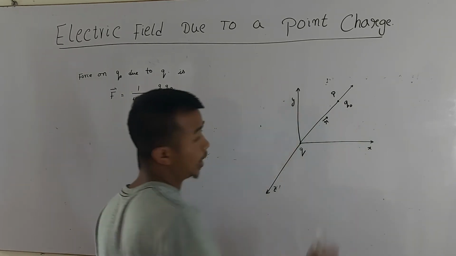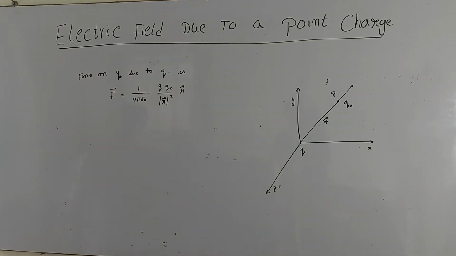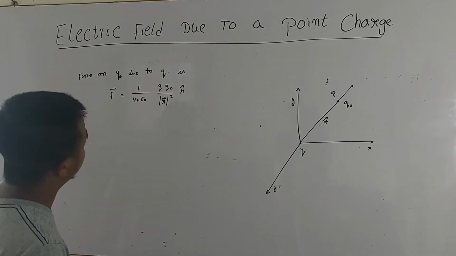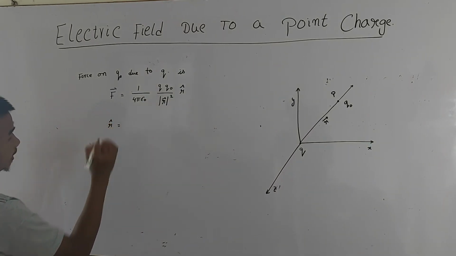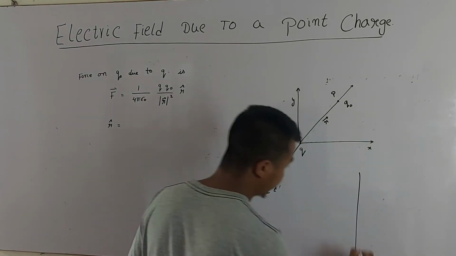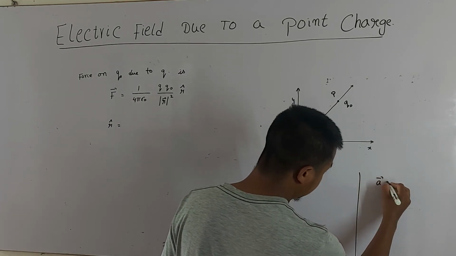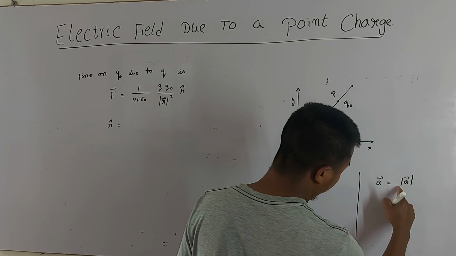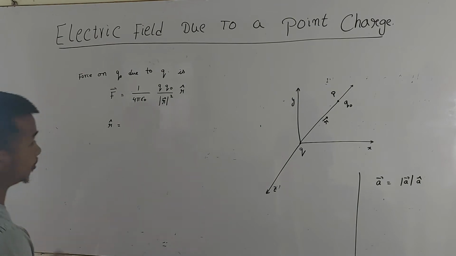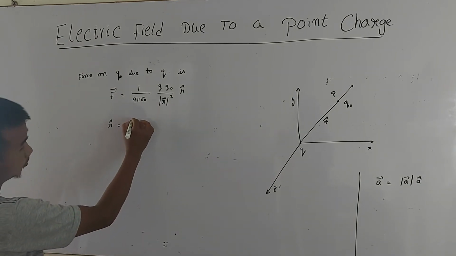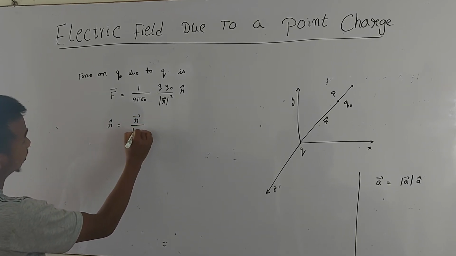It is radially outward, so we can write r cap. What is r cap? We have learned from vectors that for any vector A, A vector is equal to mod A into A cap. So r cap can be written as r vector divided by mod r.